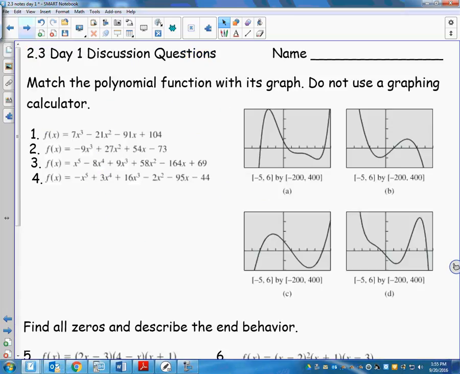Just real quick on this: the first four here, you're just matching the graph with the equation.